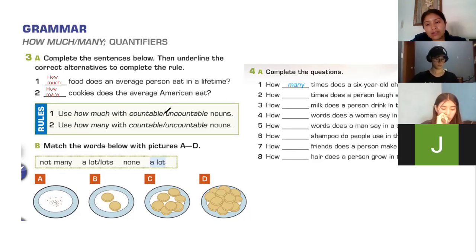Uncountable, thank you. So therefore, we're going to use how many with countable nouns, right? Keep always that in mind. Uncountable, much; countable, many.